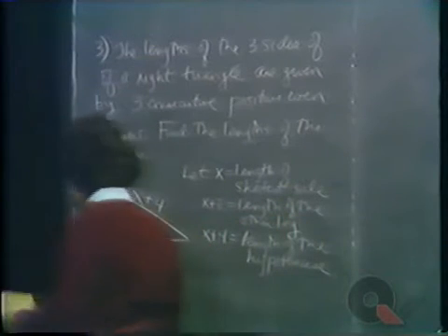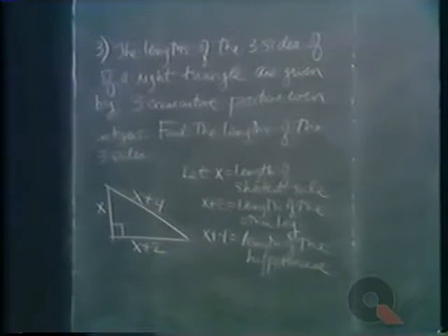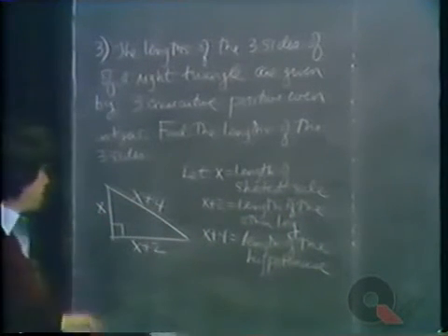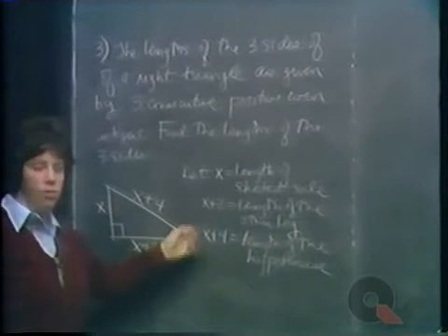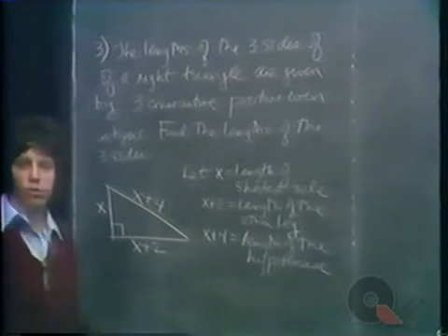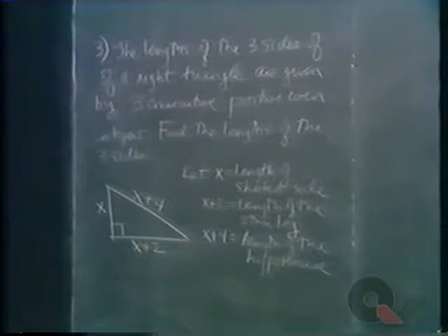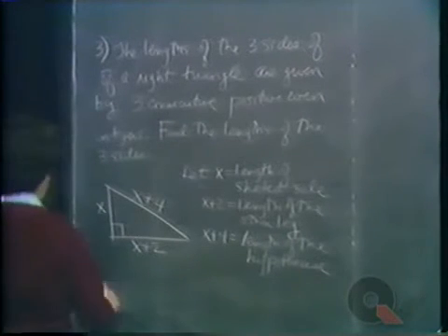What we're going to use here, of course, is the Pythagorean theorem. We know that in a right triangle, the square of the hypotenuse is equal to the sum of the squares of the other two legs. So let's write that down.